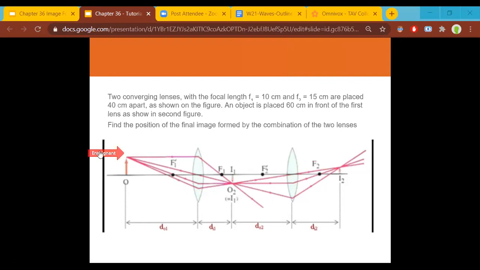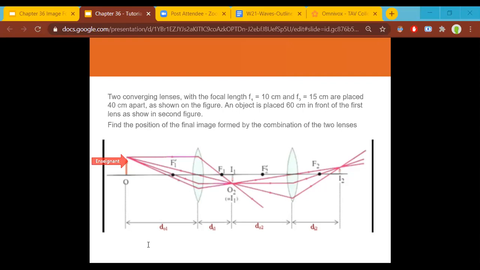So again, one step at a time, let's do the first lens first. We know where the object is. It's 60 centimeters from the first lens. We know the focal length of the first lens, so we can just find the first image that's created. The first image that's created has a location of 12 centimeters.